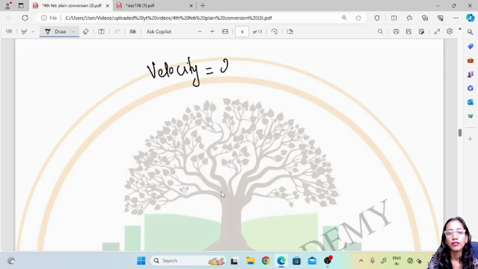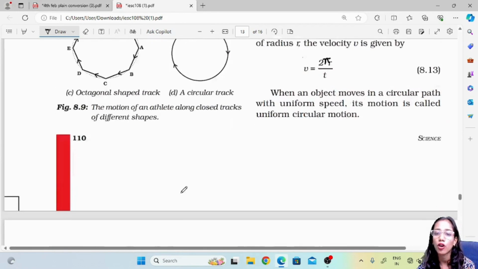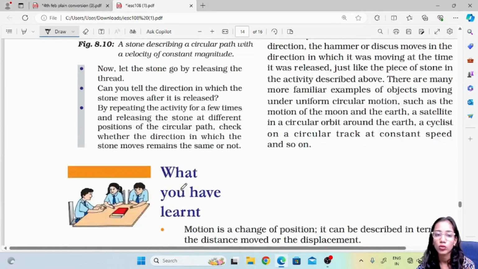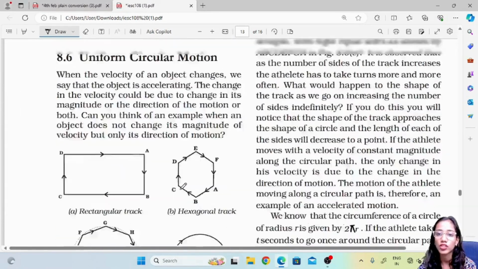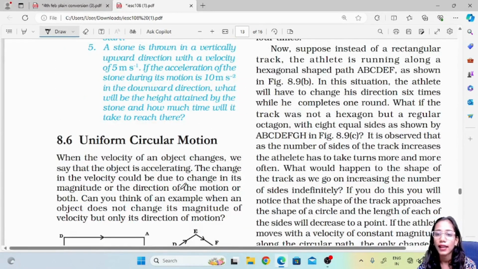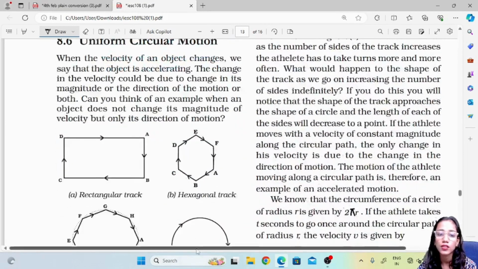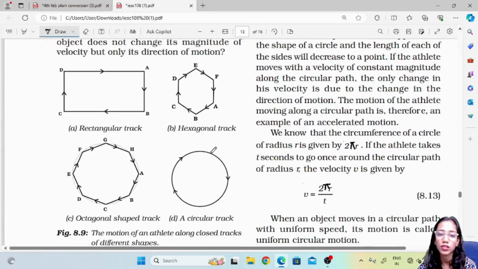So over here it will be 2 pi r upon time. That will give you the velocity of a uniform circular motion. There is nothing much over here, we just need to know the formula, and we need to know that it is in a circular path. Every time the velocity will change, but the motion is uniform.